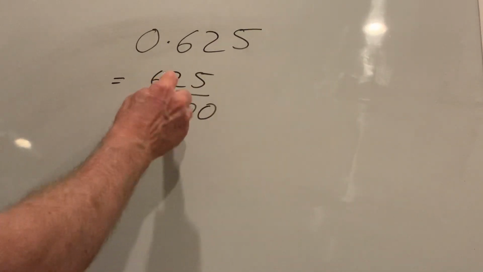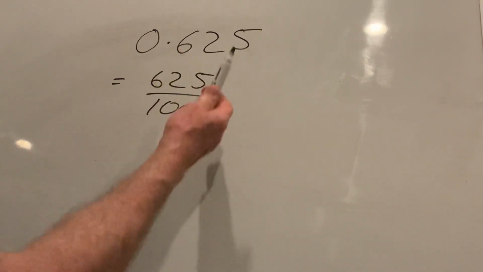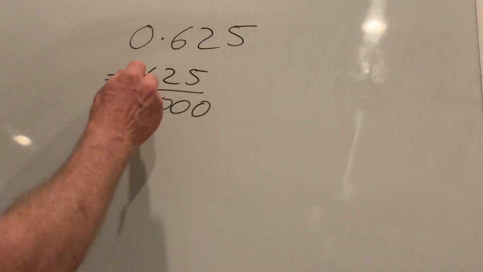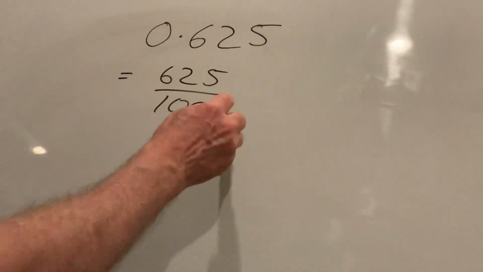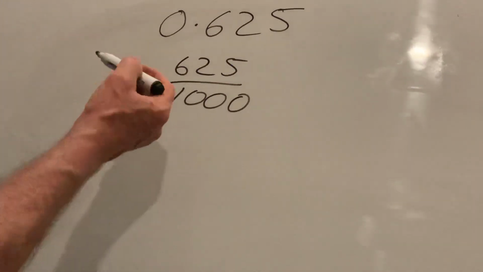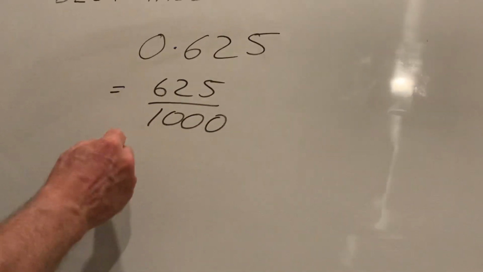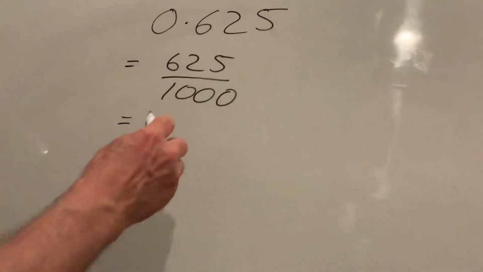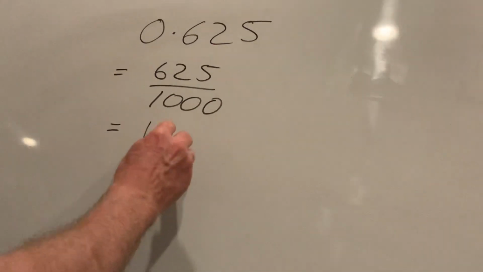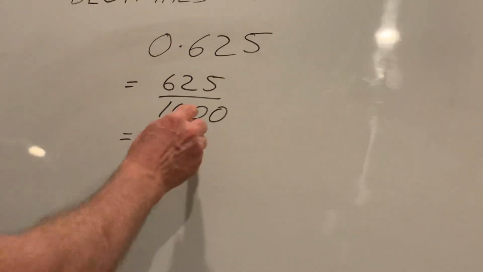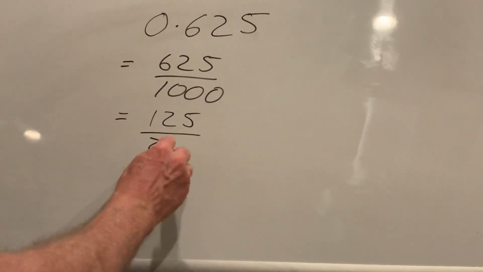So 5 into 625, if you're not sure, you can even do it by long division, but because it ends in 5 or a 0, you know 5 will go in there. So 5 into 625 equals 125. 5 into 1,000 goes 200.